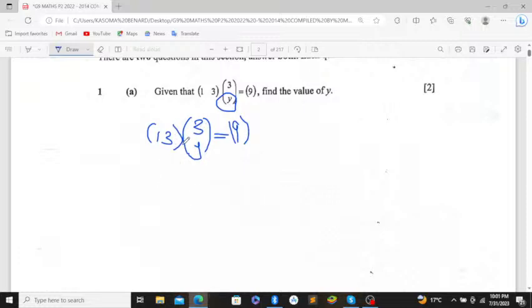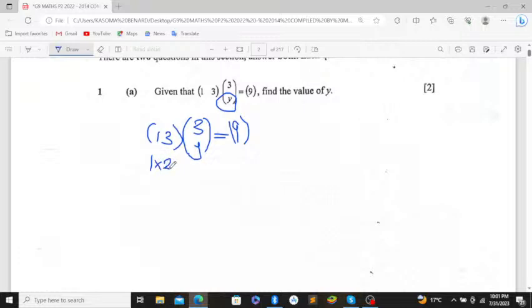Once you have done this, the next thing we're going to do is the actual multiplication. Now you should know that for you to multiply matrices, the number of columns in the first matrix should match the number of rows in the second matrix. This matrix has the order 1 by 2.